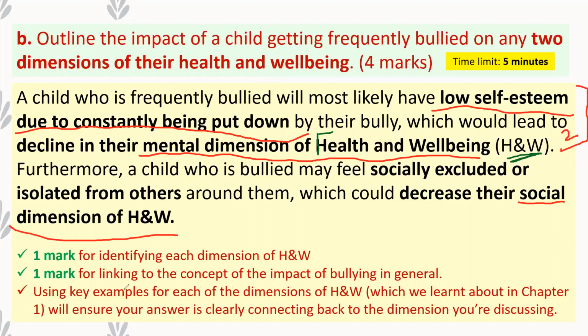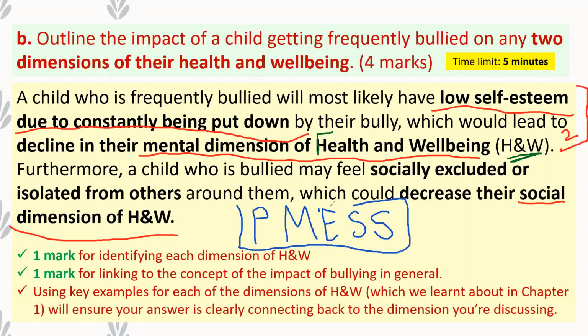Okay. Alrighty. So again, this question is testing your knowledge of the dimensions of health and well-being, which we use that abbreviation PMES to remember. Now be very careful, don't confuse yourself between the dimensions of health and well-being and the areas of development, okay? Even though in the areas of development, we've got similar words like physical development, physical health and well-being, etc. You have to be careful to remember that the dimensions of health and well-being are different from the areas of development.